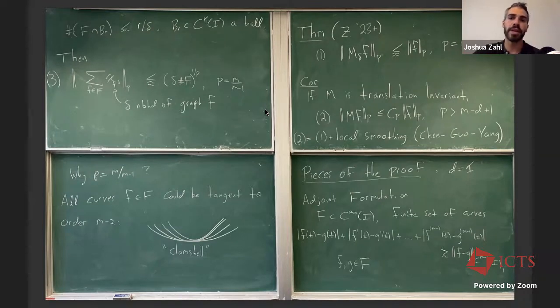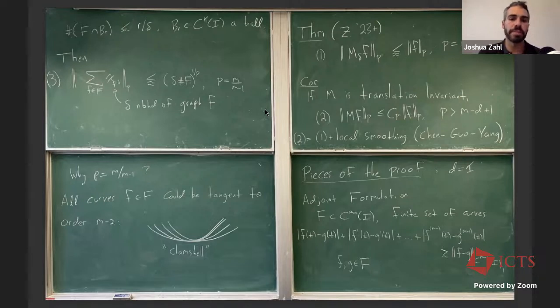So what that says is circles can be tangent to each other, but they're not allowed to be tangent to second order. So they're not allowed for distinct circles to be tangent and have their curvature agree, but they are allowed to be tangent. And distinct ellipses can actually be tangent to third order, but not to fourth order. So it could be the case that all the curves in my family are as tangent to the maximum allowable order, which would be m minus 2.